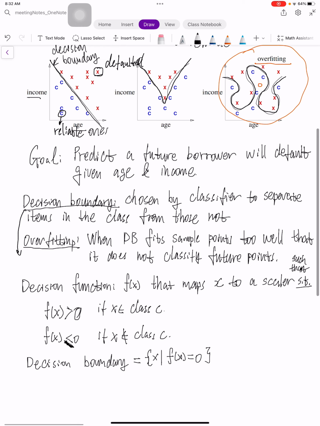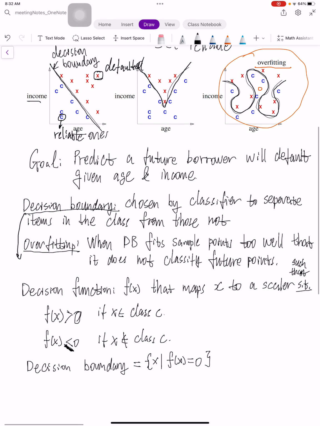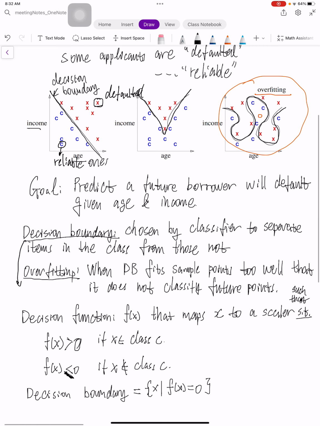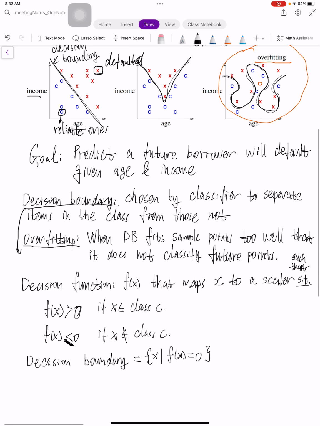For example, later on for the linear classifier case, we're gonna define the linear decision function, and you're gonna see that the decision boundary is just that line equal to 0.